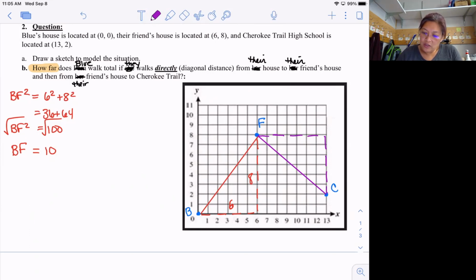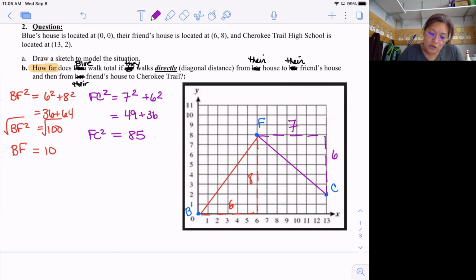So that vertical distance is 6, horizontal distance is 7. So that means FC squared is 7 squared plus 6 squared, or 49 plus 36, or 85. So square root both sides. FC equals the square root of 85.